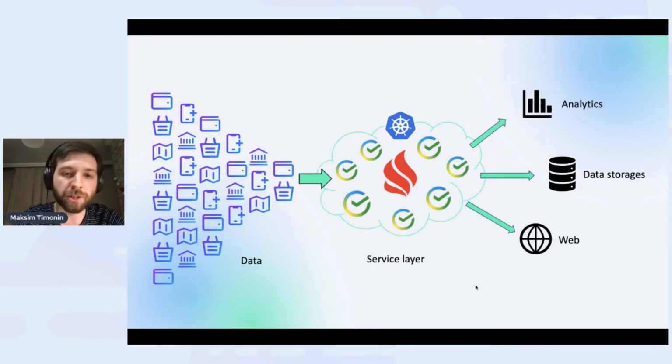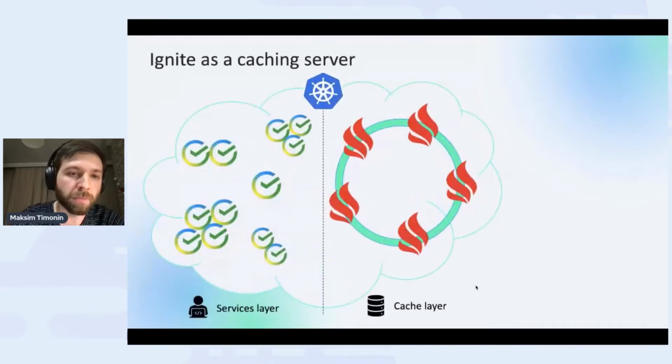So let's look closer at our system. There is a set of stateless services, and a separate layer where the Ignite cluster runs and stores the state. In very simplified form, they use the cache layer for inter-service communication.